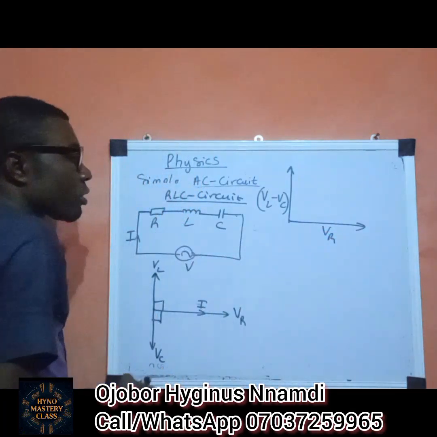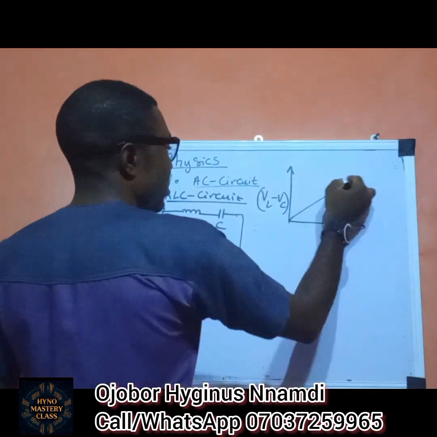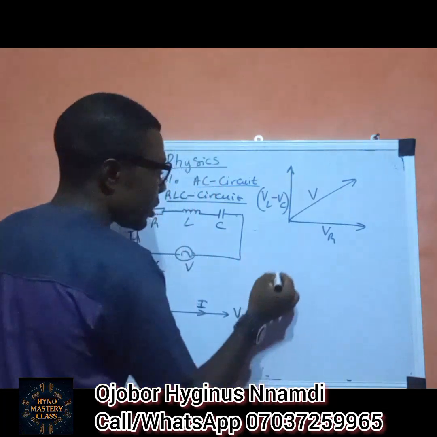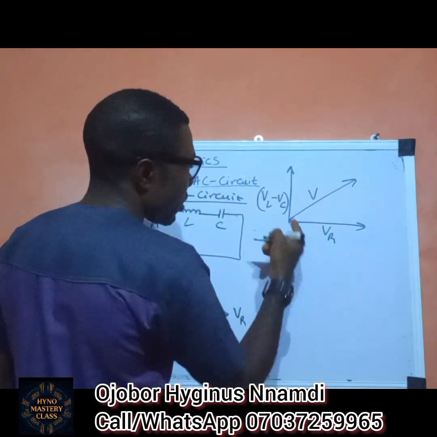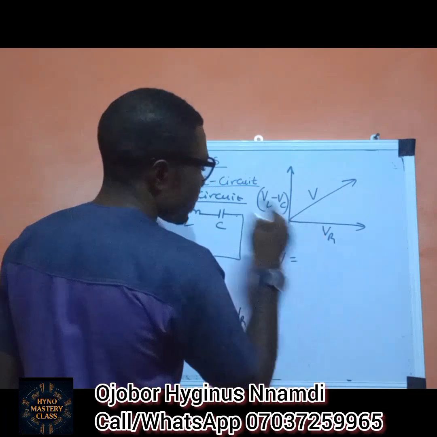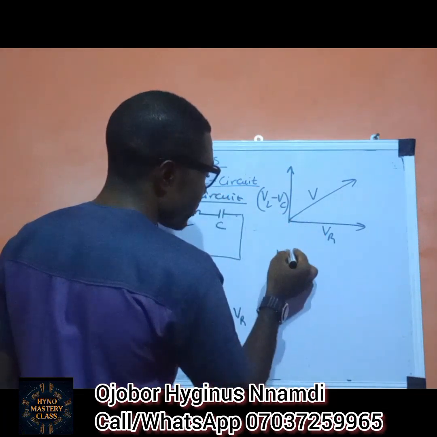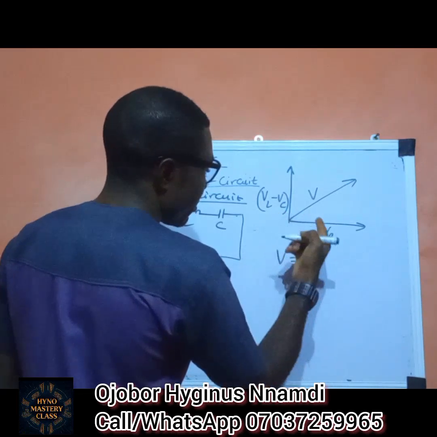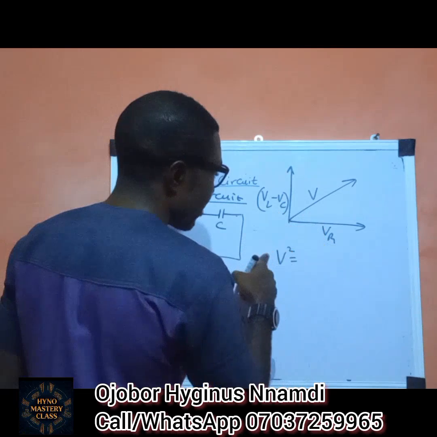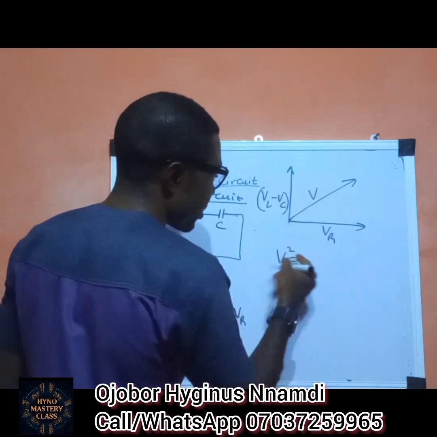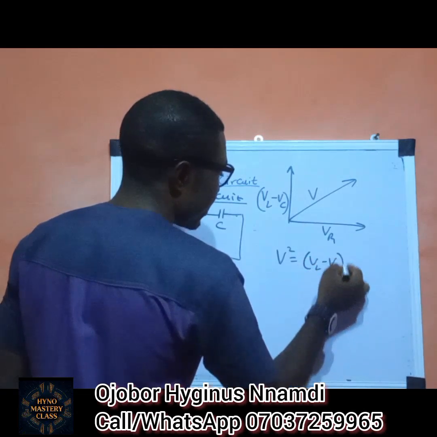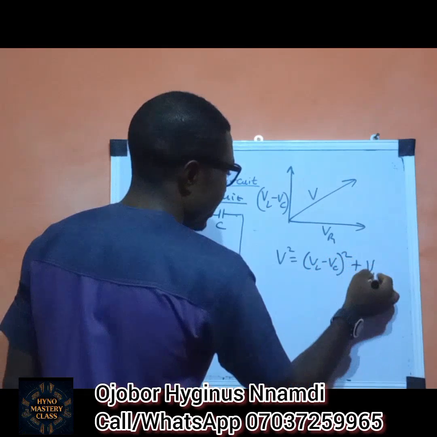Okay, so if we consider this, what is going to be the resultant? The resultant, which is V, using Pythagoras theorem: V squared equals opposite squared plus adjacent squared, equal to hypotenuse squared. The V is the hypotenuse, equals VL minus VC squared plus VR squared.